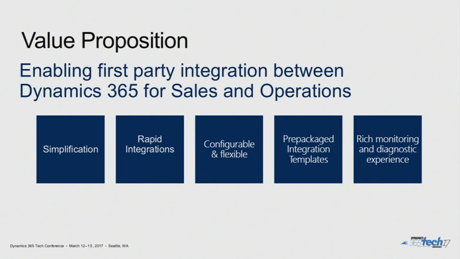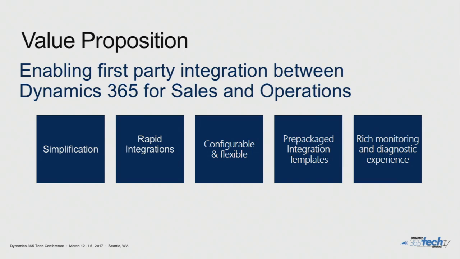Back then, the value proposition for the integration was that we wanted to enable first-party integration between Dynamics 365 for sales and operations. We wanted it to be a simplification, meaning that you don't have to go out and acquire a third-party solution to get the integration.